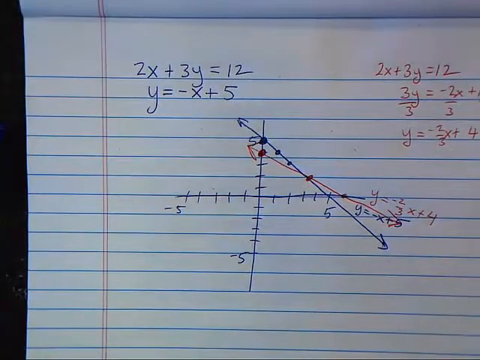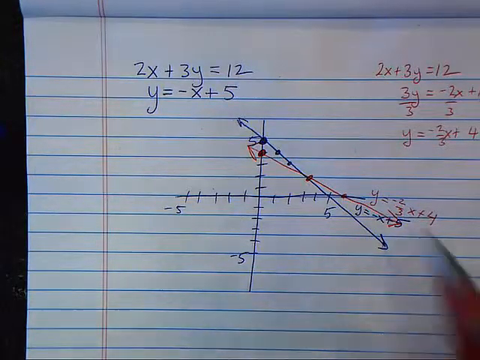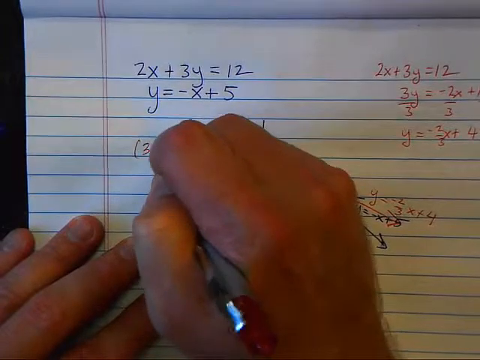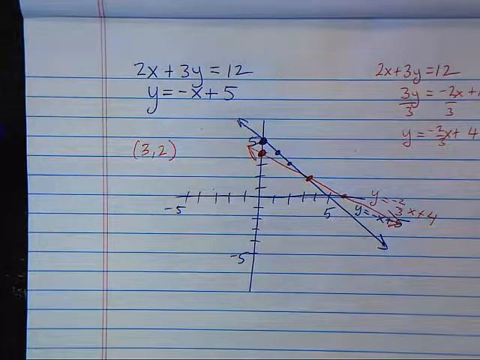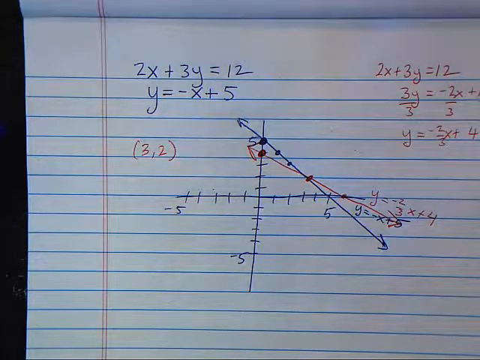Okay, so now you look at your picture. What's the answer? Where do those two lines cross? It looks like they cross at 3, 2. Am I 100% confident on that answer? No, why not?